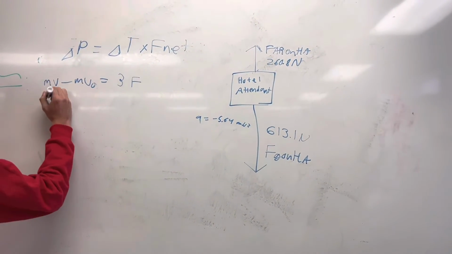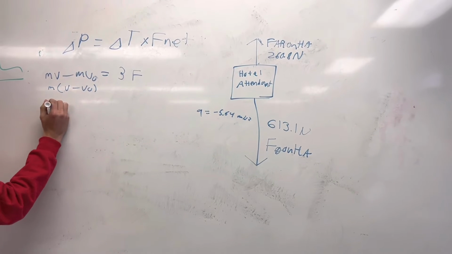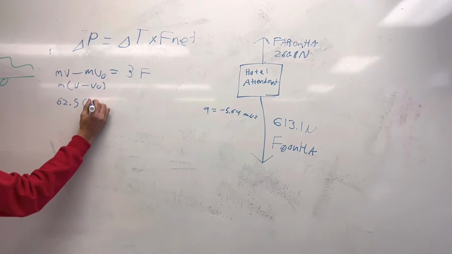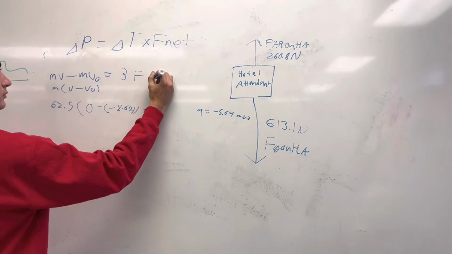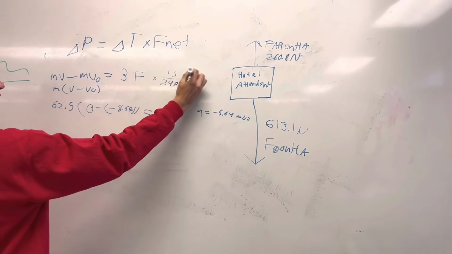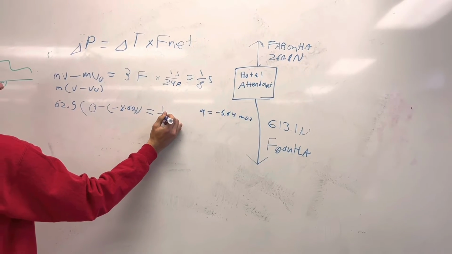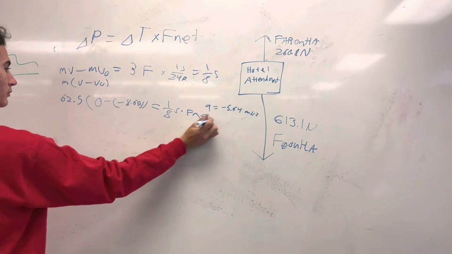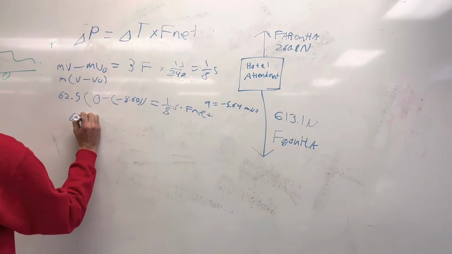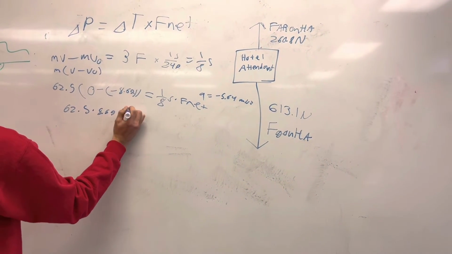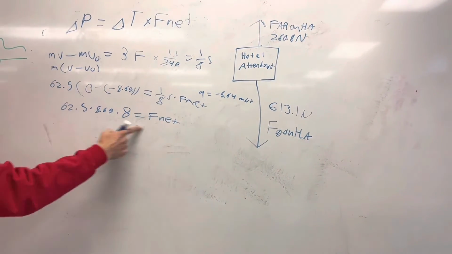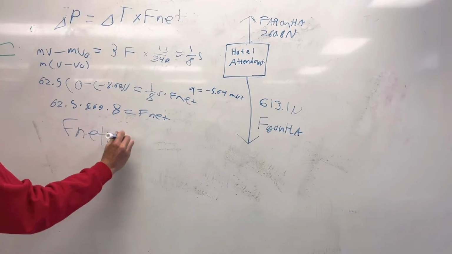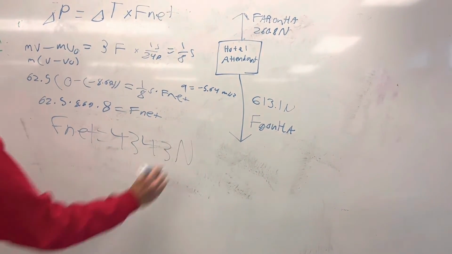The mass doesn't change, 62.5, and 0 minus negative 8.69 should be the change of velocity. Convert the 3 frames into 1/8 of a second because it's filmed at 24 frames per second, and we put everything on one side. So F net should be equal to 62.5 times 8.69 times 8. Multiplying that out, we get a force of 4,343.